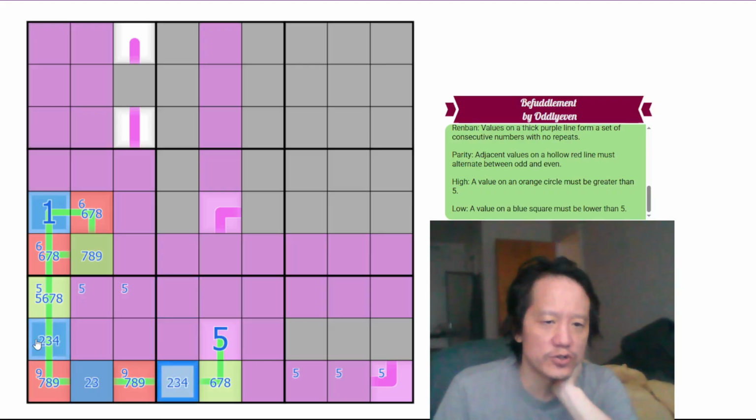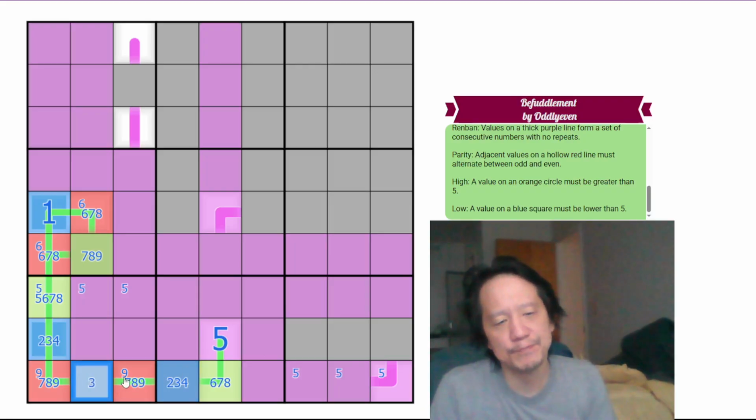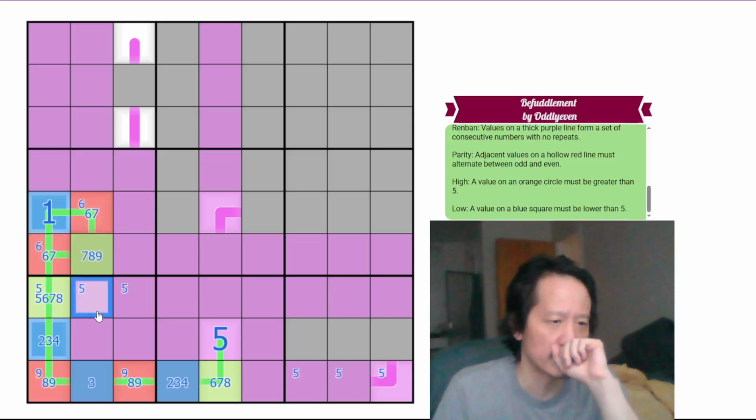Let's look at the German whisper line. So if this is 3, that must mean this is an 8, 9 pair, which means this can't be 8 or 9. This is 6 or 7. 6 or 7 is not going to be next to a 5 doubled. Actually, hold up.